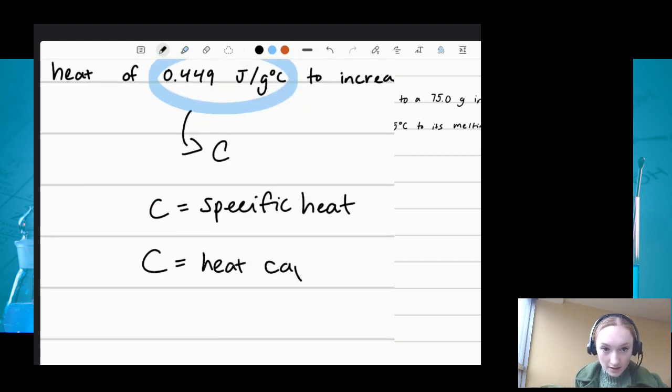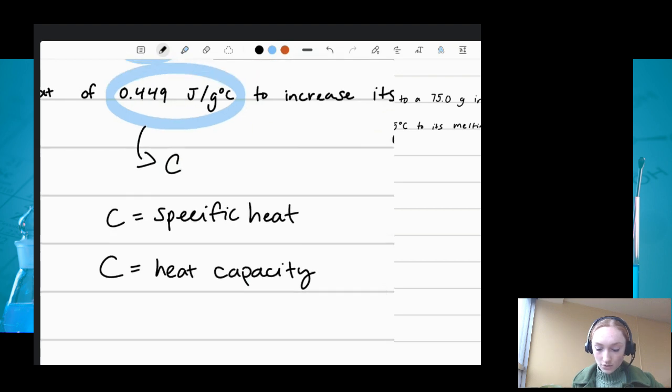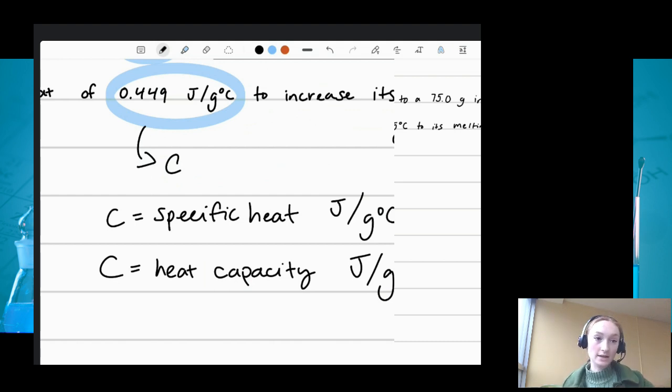That's a small difference, but they will have different units. So that's how you'll know. If there is no change in temperature, it'll be joules per gram instead of joules per gram degrees Celsius. So that's the difference between specific heat and heat capacity. Be sure to be aware of that unit change.